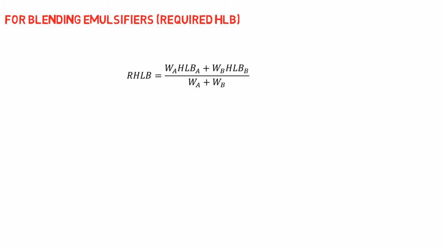RHLB of a blended surfactant or mixture of surfactants is calculated by a formula, which means the amount of each emulsifier is multiplied by its HLB number. The sum of these numbers is divided by the total amount of emulsifier. This will give our HLB value.